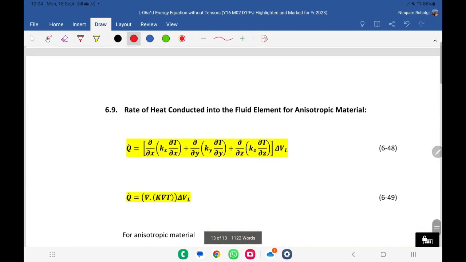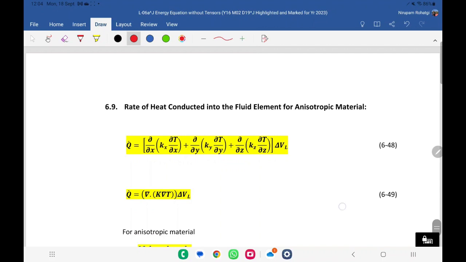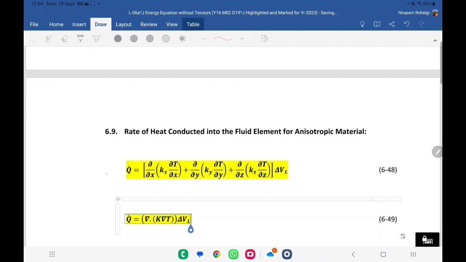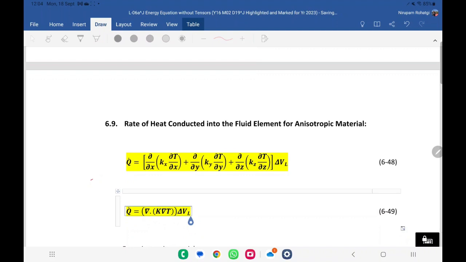Now there is one more small thing to be added here. Now when we are talking about heat conduction, it is quite possible that conductivity may be different in different directions, right?